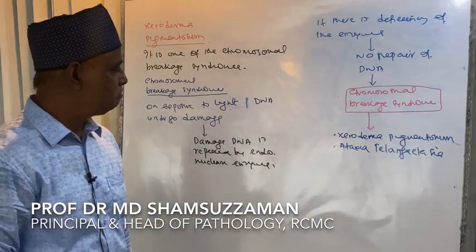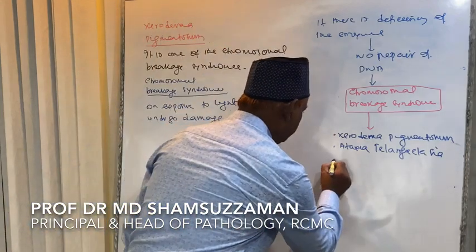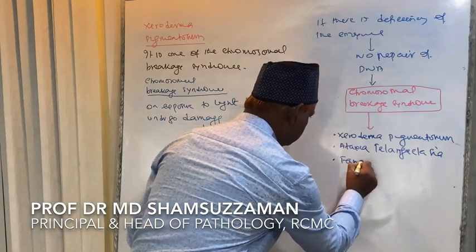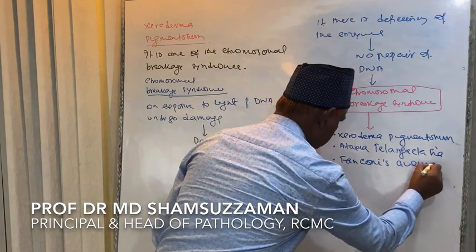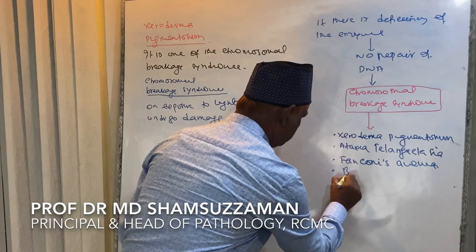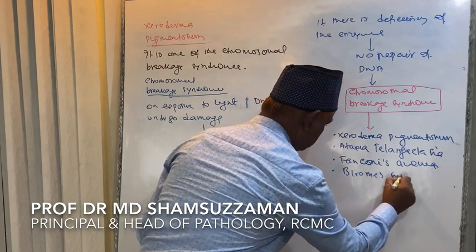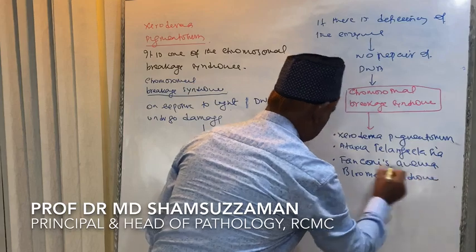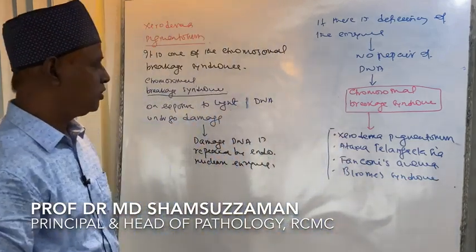Xeroderma pigmentosum, Ataxia telangiectasia, Fanconi's anemia, Bloom syndrome. So these four under chromosomal breakage syndrome.